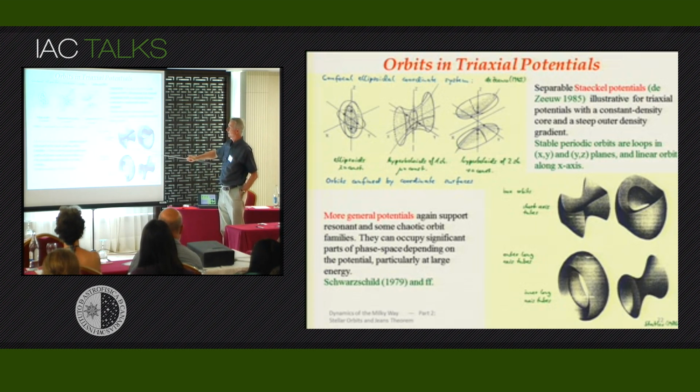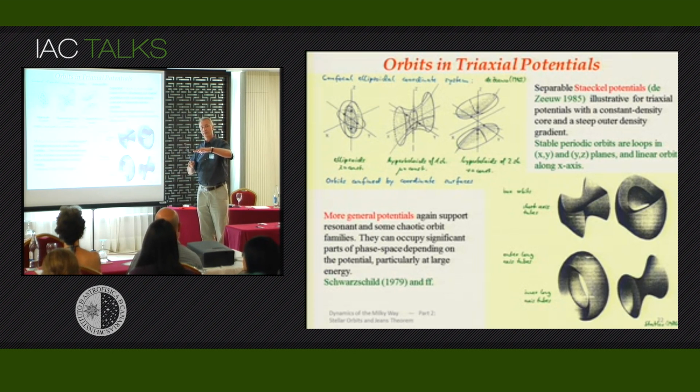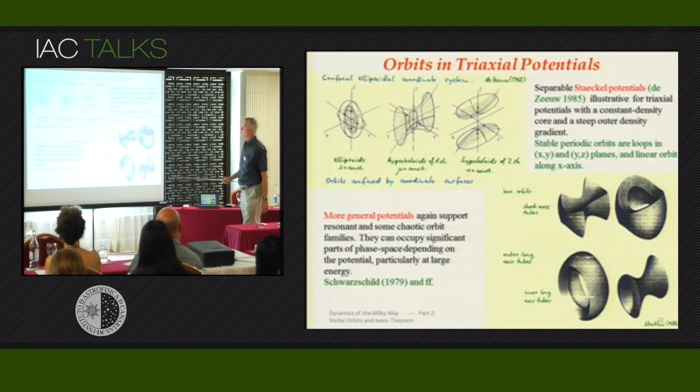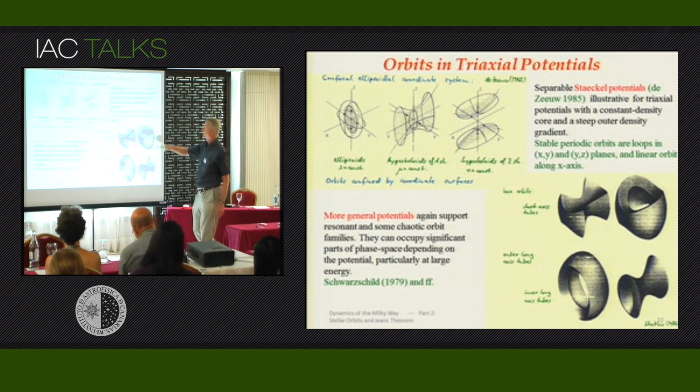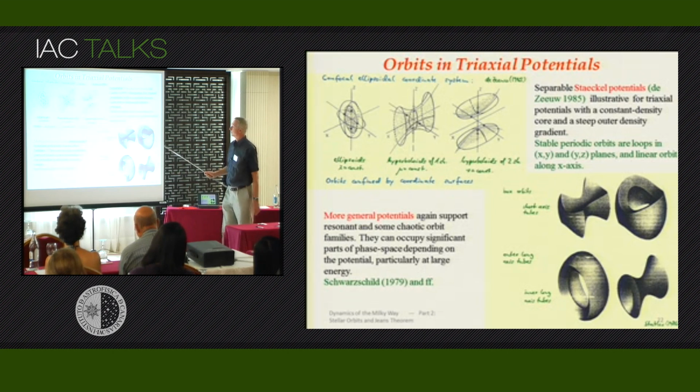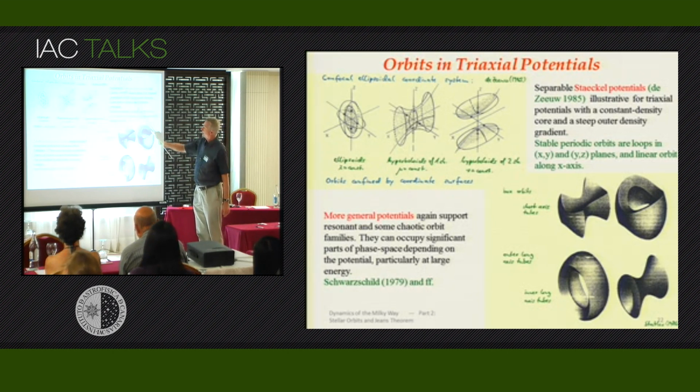It's squashed in one of the directions along the axis in the plane. And then there's now a new family that oscillates around the long axis of the potential. So that doesn't of course happen in an axisymmetric potential. That's new, and that new family has an inner and an outer variety which depends on the energy of the orbit, and that's to do with the coordinate system.